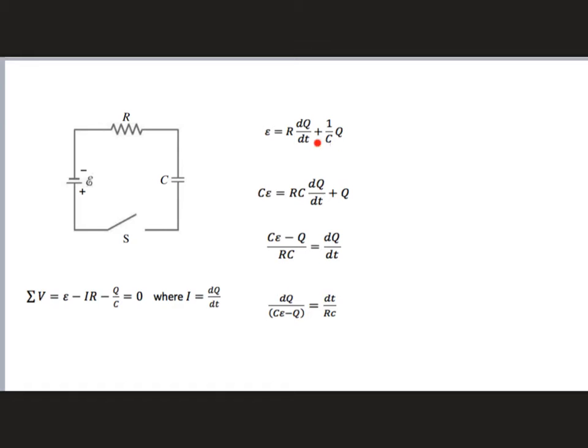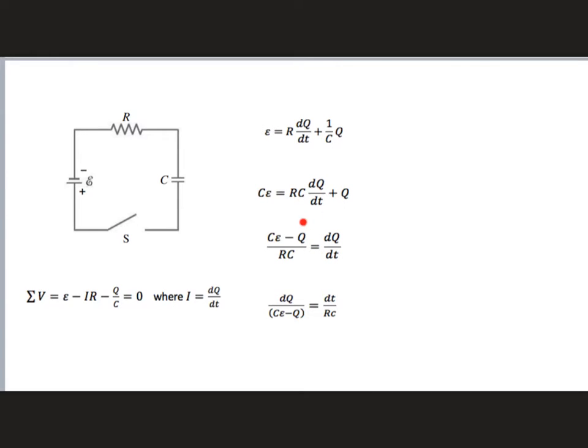So I've got this 1 over C here. I'm going to multiply every term by C to get Q by itself. And so I multiply through, I get a CE, I get RC, and then I get C over C canceling and leaving me with just a Q there. And what I want to do is get all the Q terms by themselves and all the other terms by themselves. I'm separating the variables.